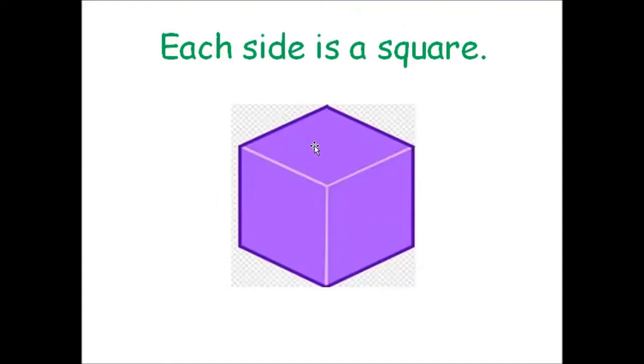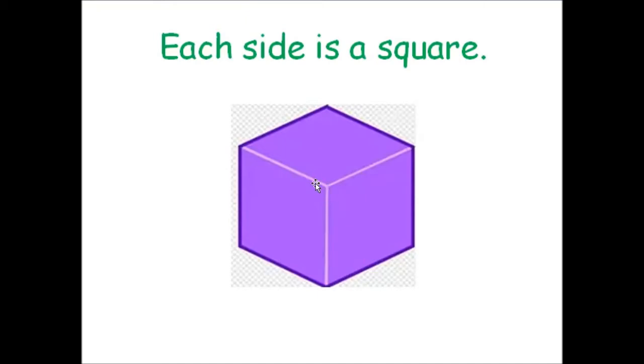Here is another square. 3. This is a square on this side that you can't see. That's 4. Good. This one is another side that you can't see. That's 5. And on the bottom, we have another side. Another square. 6 squares, children, make up a cube. 6 of them. 6 squares.